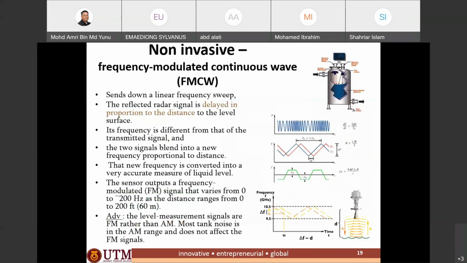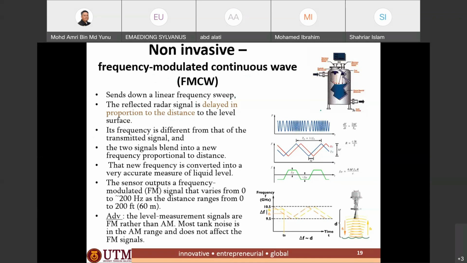And this is one method of determining the distance without having to measure the time of flight. It is based on a linear frequency sweep. This method is called frequency modulated continuous wave, or FMCW.